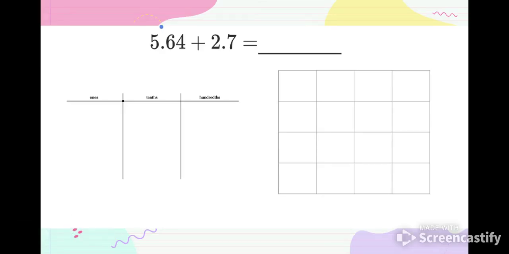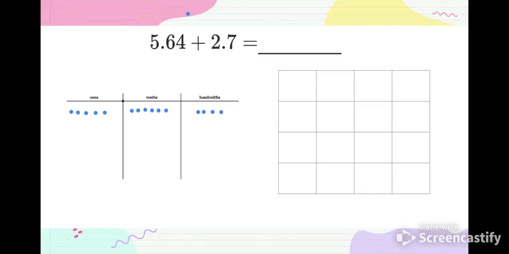We've got ones, we've got tenths, we've got hundredths. So let's start by showing this on the place value chart. So my first number, I've got 5 ones. 1, 2, 3, 4, 5. Okay. 6 tenths. 1, 2, 3, 4, 5, 6. And 4 hundredths.